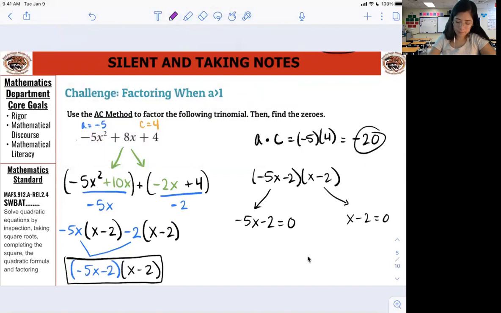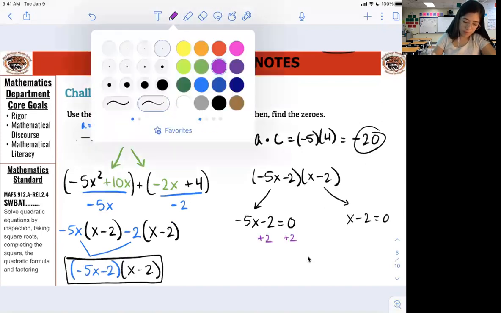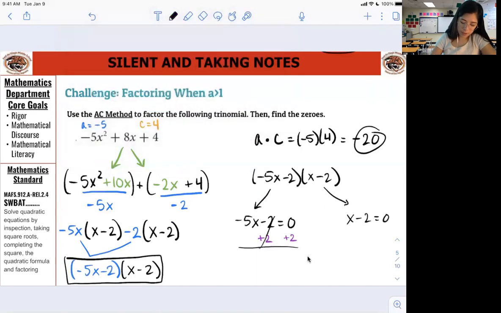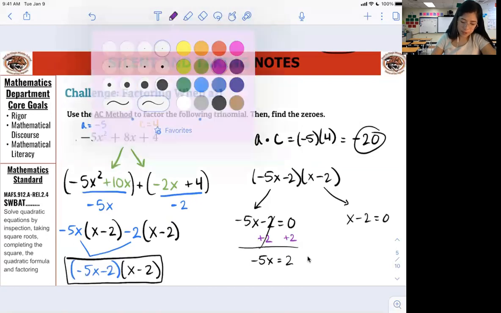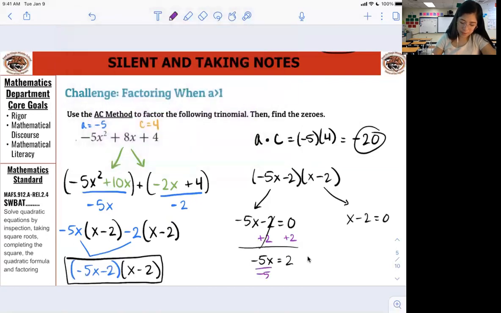You add 2. -5x equals 2. Now what do I do? Divide by -5. 2 over -5, we can just leave it as -2 over 5.